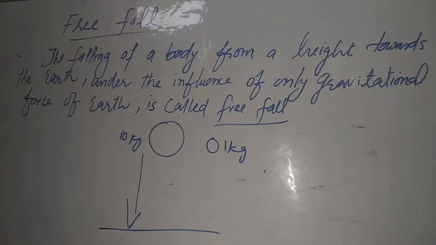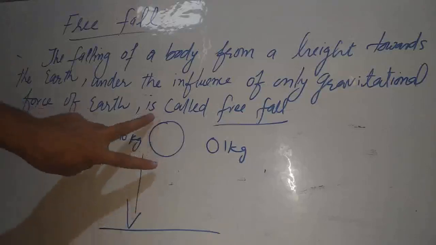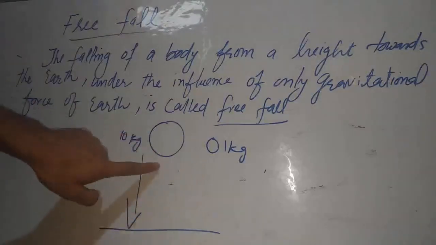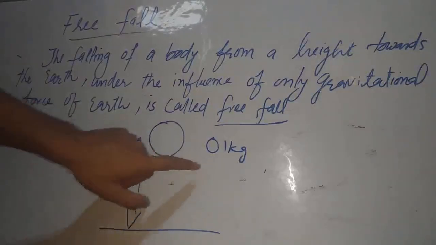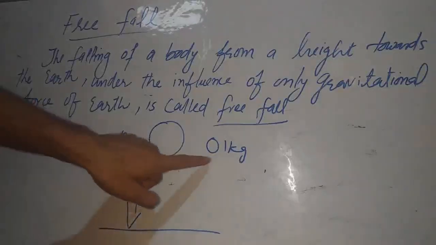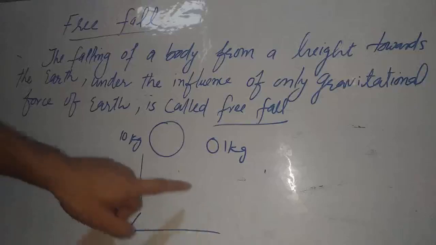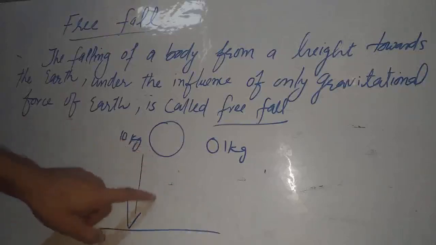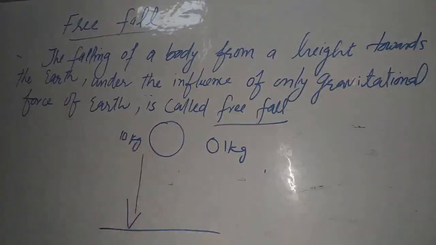And all the objects that are freely falling fall with the same acceleration. Freely falling objects, इनकी same acceleration होती है. 1 kg भी इसी acceleration से fall करेगा, and 10 kg भी इसी acceleration से fall करेगा.